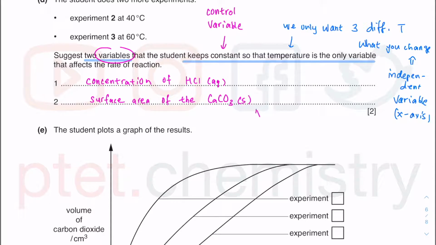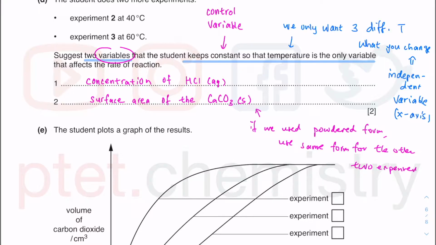So meaning to say, if we use powdered form, then use powdered form for both. Use the same powdered form for the other 2 experiments as well, so that surface area cannot affect your rate of reaction there.